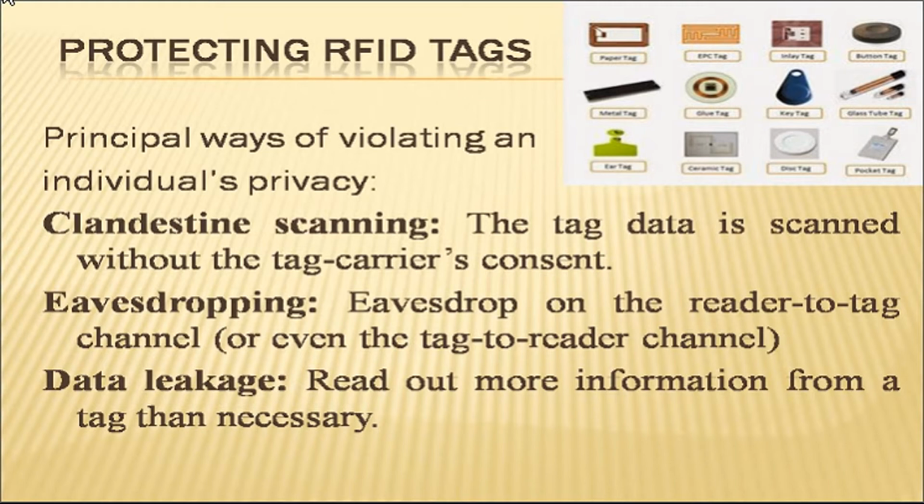The problem is that if several clandestine scans are pooled, clandestine tracking can reveal a data subject's movements along a tag reading infrastructure. This can create a problem in getting the location of that user, and so it creates a problem in the location privacy of that user.